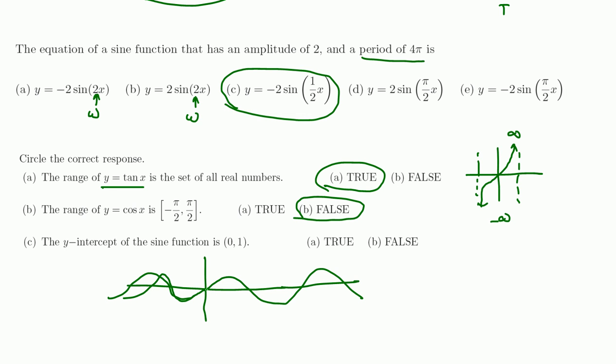There is only one place where the sine function intersects the y-axis, and that's 0, 0. So this is false. In fact, the y-intercept for the cosine function is 0, 1, but for the sine function it is 0, 0. So this is a false statement.